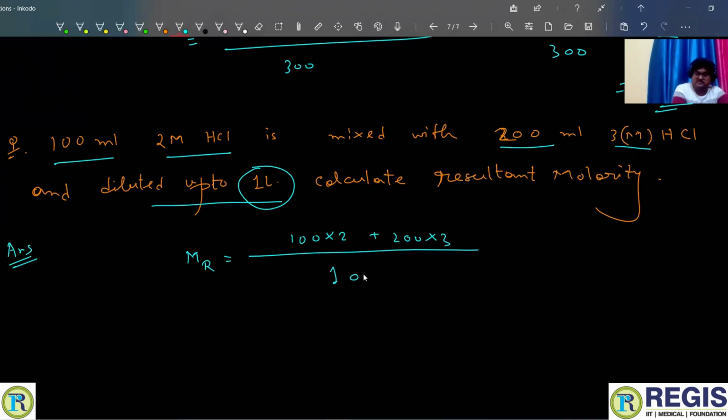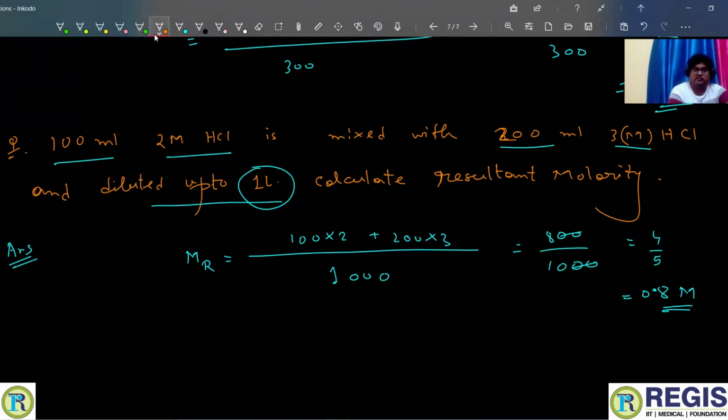Final volume is 1000, so this one is 800 by 1000, that means 4 by 5. So the resultant molarity is 0.8. Is it clear? Do you have any doubt regarding this part? Tell me.